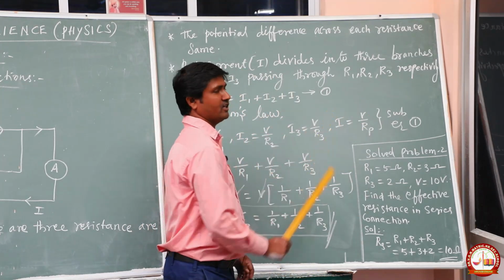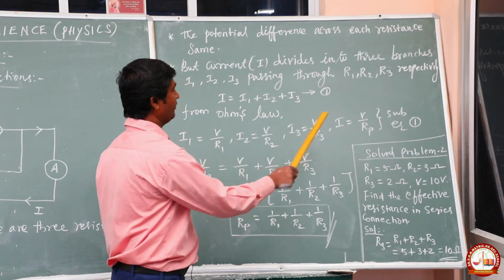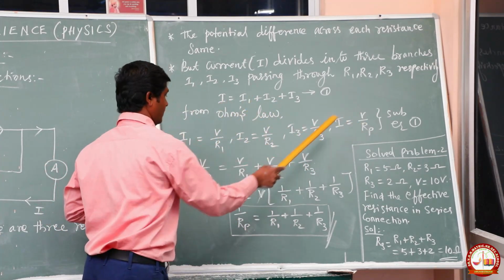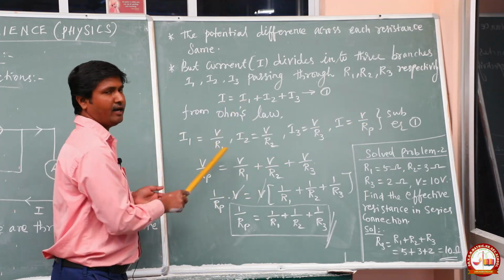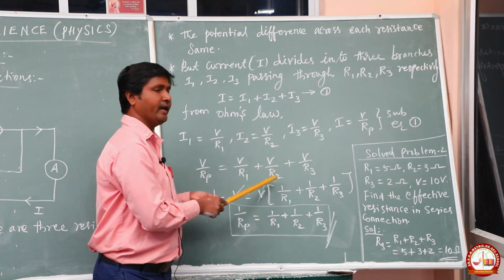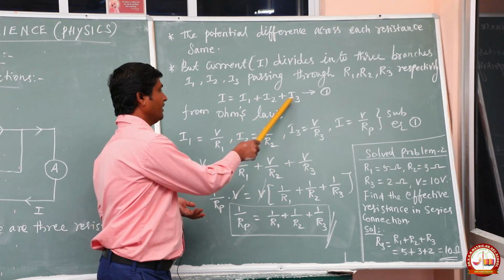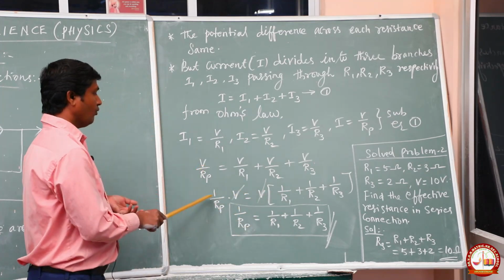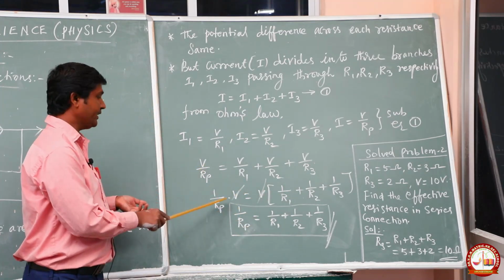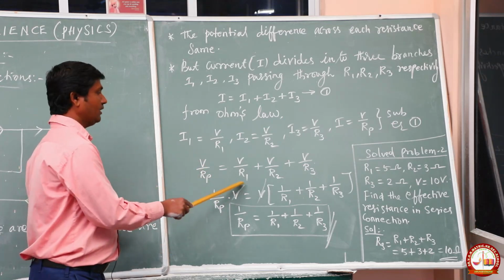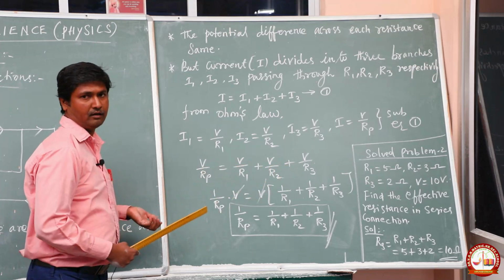So substitute all values into equation number 1. I value V by RP is equal to I1 value V by R1 plus I2 value V by R2 plus I3 value V by R3. Similarly, 1 by RP into V, V is common.